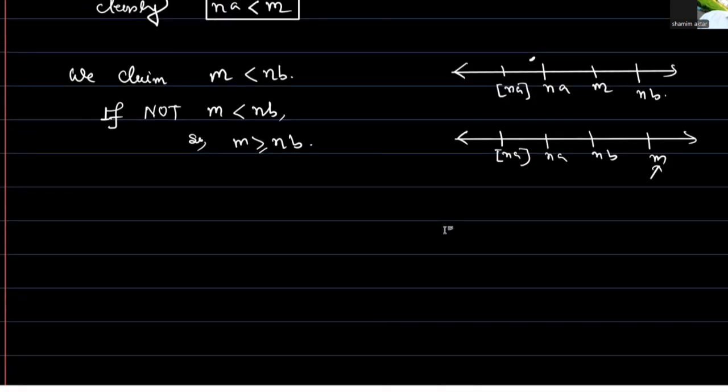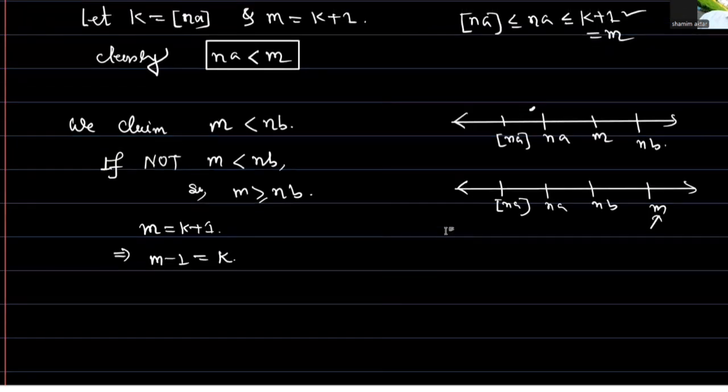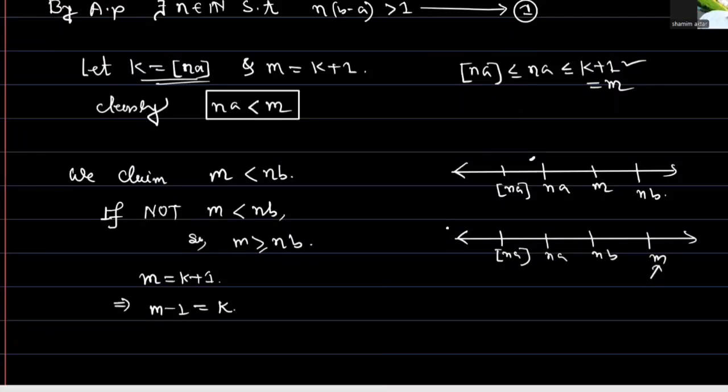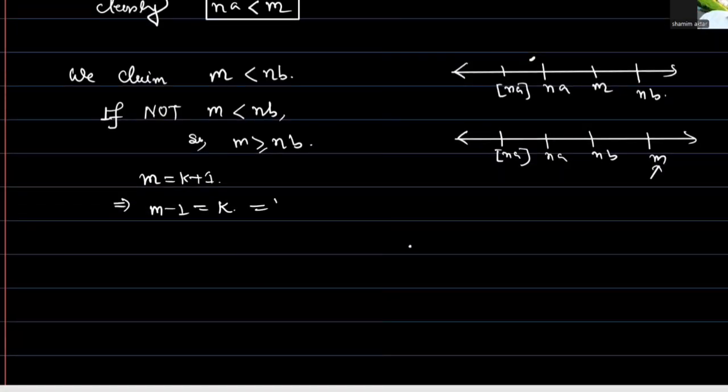How is it so? First of all, m equals k plus 1, so we have m minus 1 equals k. And k equals the greatest integer of nA, so this is equal to m minus 1.